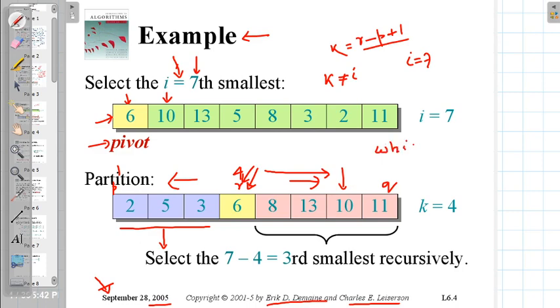Can anybody tell me, if I have to search right now in this list, will it be the 7th smallest element, or some other element that we have to search?